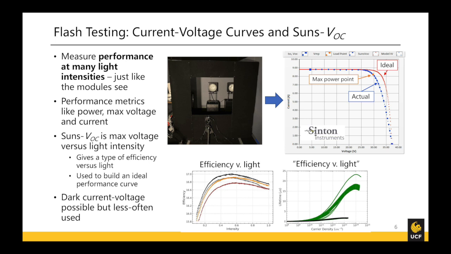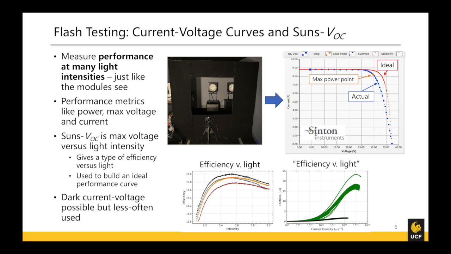And you can get a kind of, we'll call it a type of efficiency versus light. It gives you an idea of how well you're getting that current from the device. In a way, how long that current exists, but at a more diode cell device level.